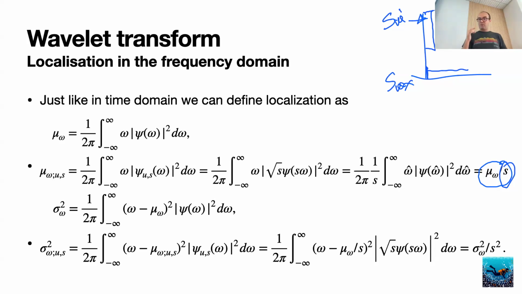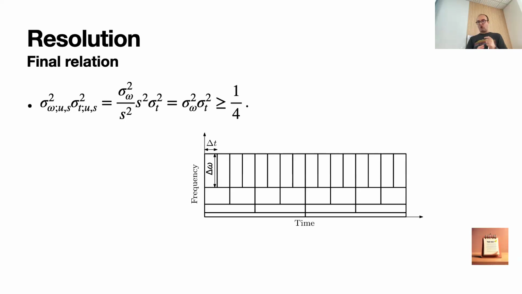So now we have to find out how the choice of the mother wavelet influences the behavior of the transformation. The goal is to somehow define this grid, to define this and this.